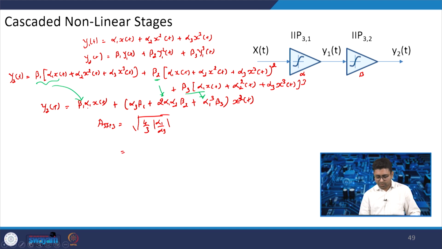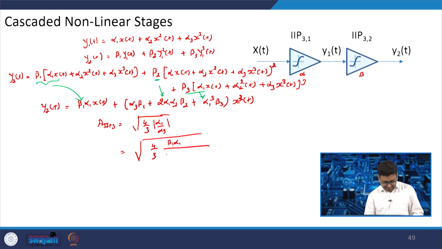So, for the cascaded system the alpha 1 is written as 4 by 3, that is beta 1 alpha 1 divided by alpha 3 into beta 1 plus 2 alpha 1 alpha 2 beta 2 plus alpha 1 cube beta 3.